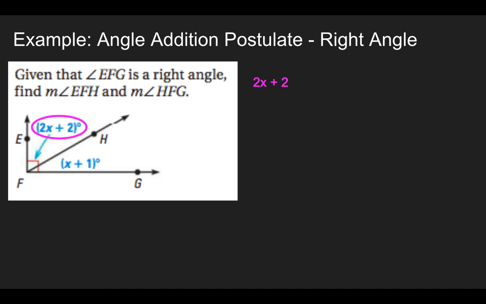The first part I see here is 2x plus 2. If I combine that with x plus 1, I have created all the space that is equal to the 90-degree angle.